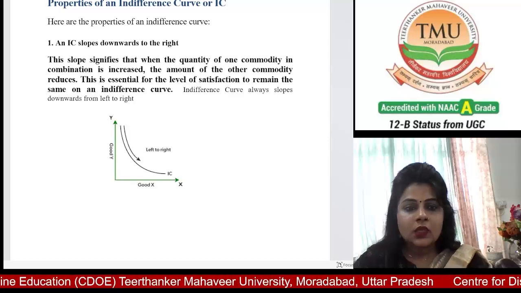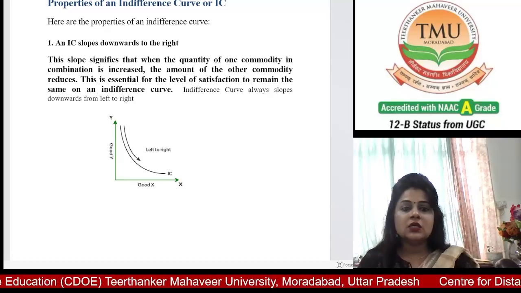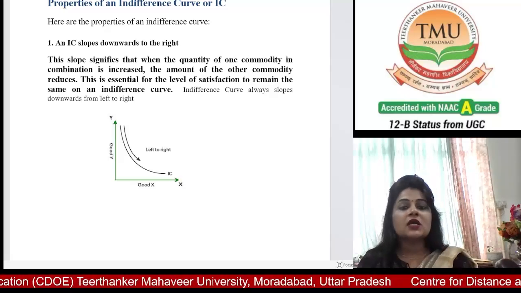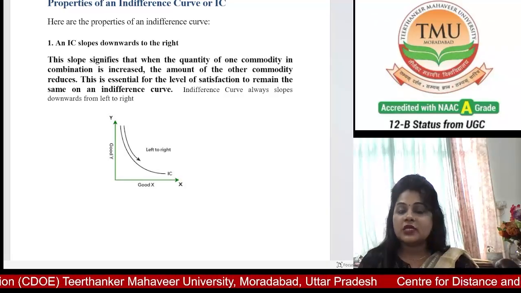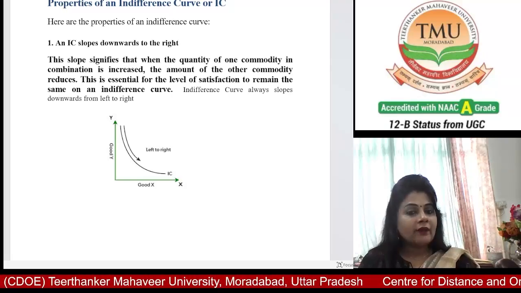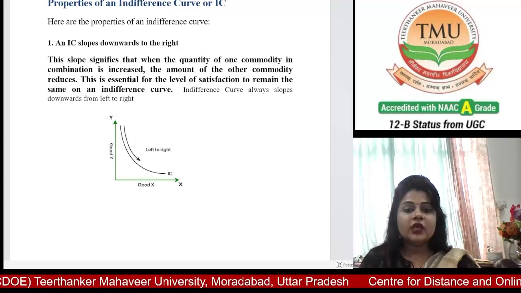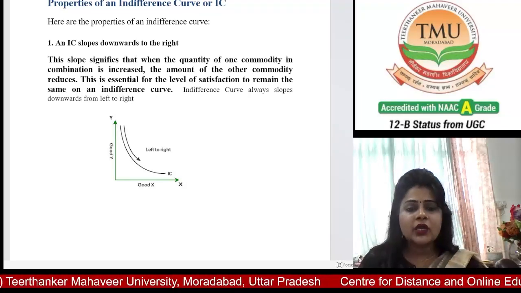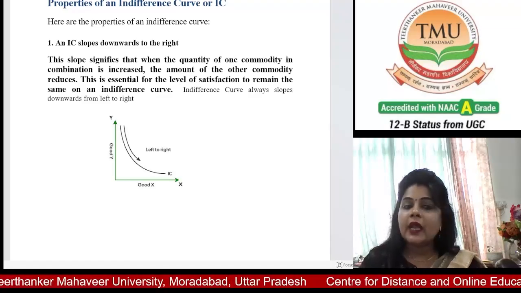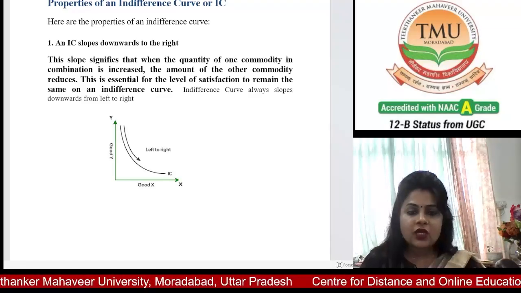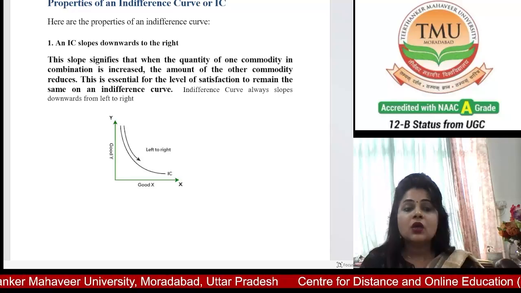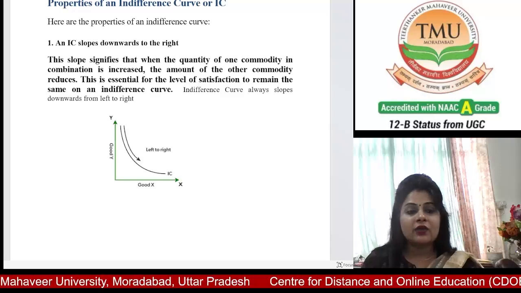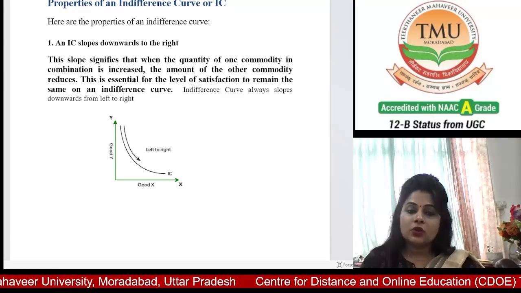In this figure, as I have also explained, an indifference curve is defined as a curve that gives an equal level of satisfaction to a consumer at every possible combination. This is possible when a consumer is willing to sacrifice some quantity of a good to gain an additional unit of another good. If a consumer has more of a good without any fall in another good, the consumer will achieve a higher satisfaction level instead of an equal one.